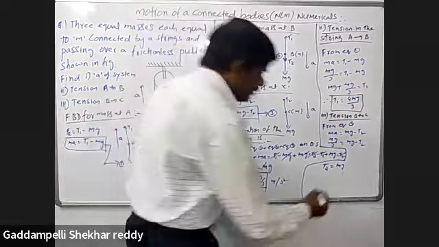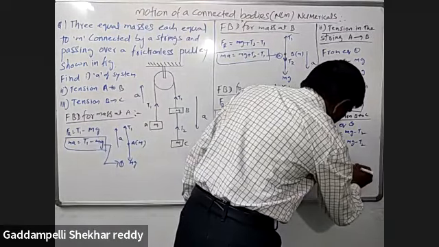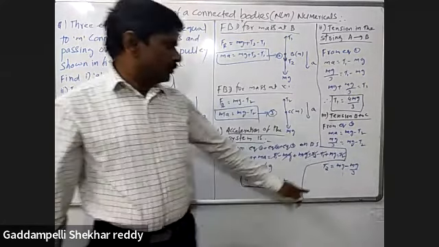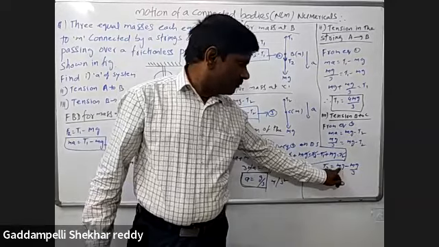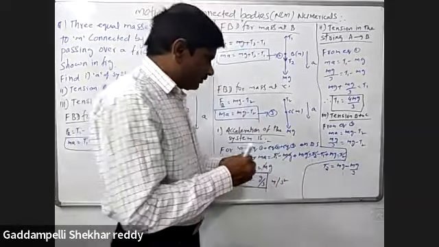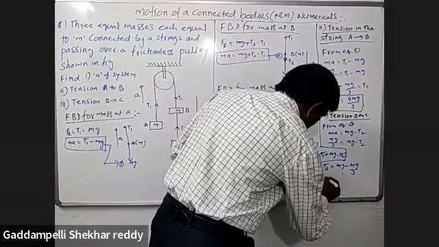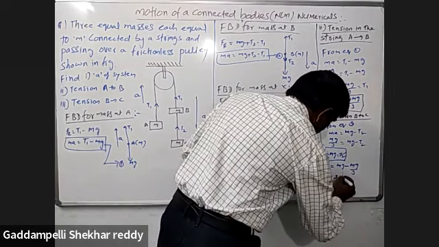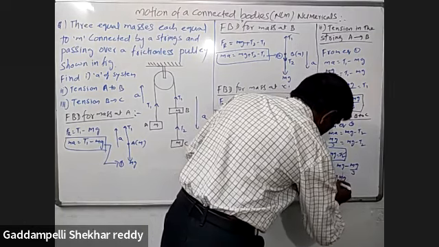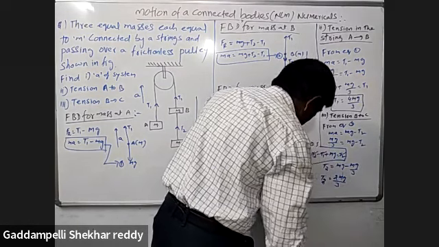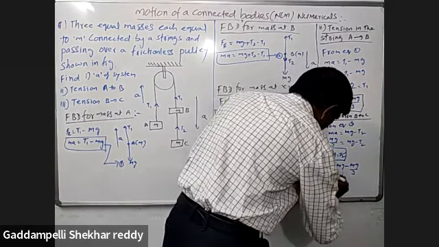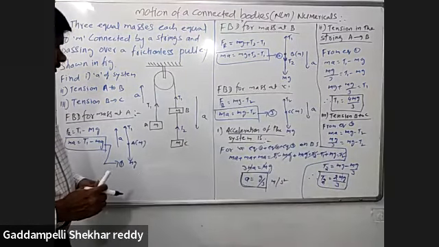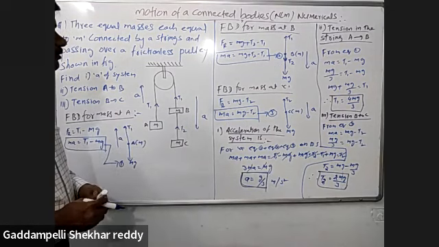Mg by 3 on the left side is transferred to the right side as minus mg by 3. Here the LCM is 3, that means 3 mg minus mg, 2 mg by 3. Therefore T2 is equal to 2 mg by 3. This is the tension B to C.